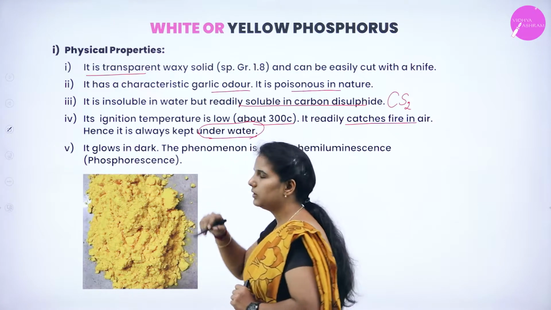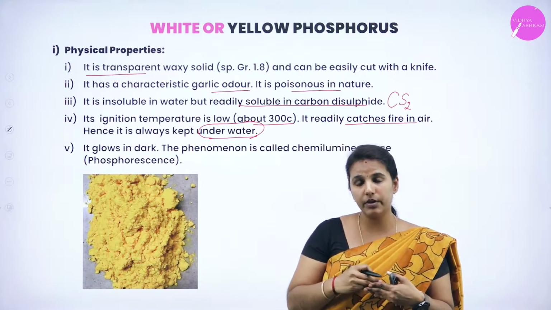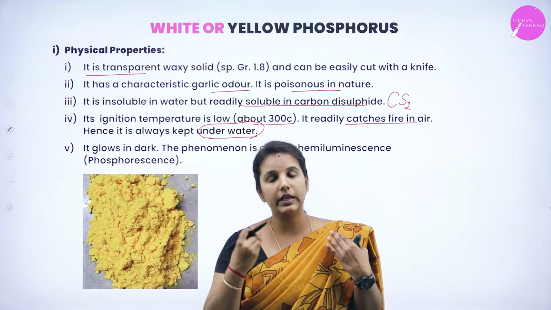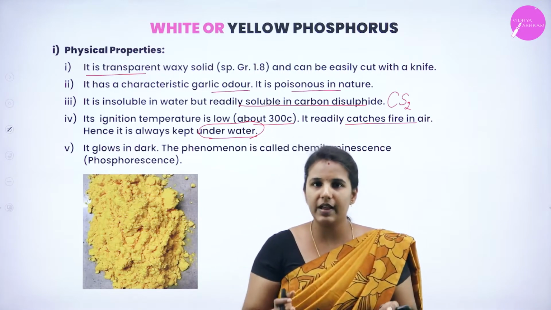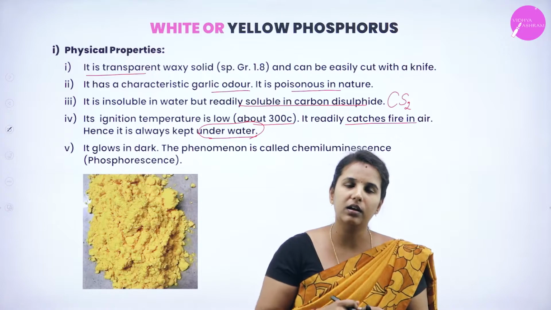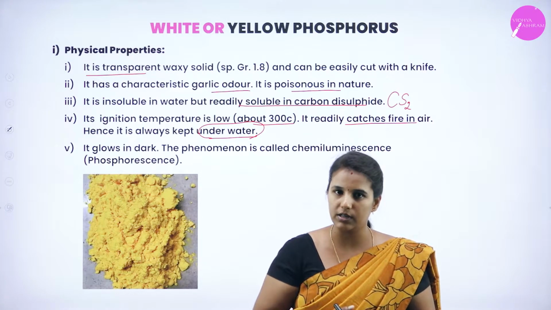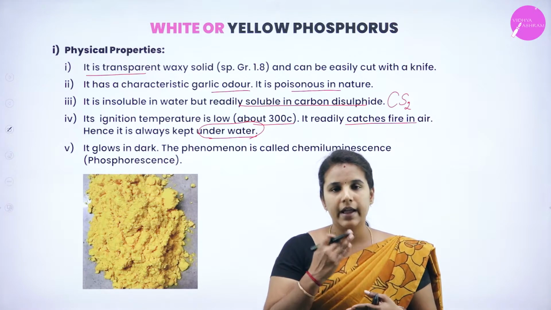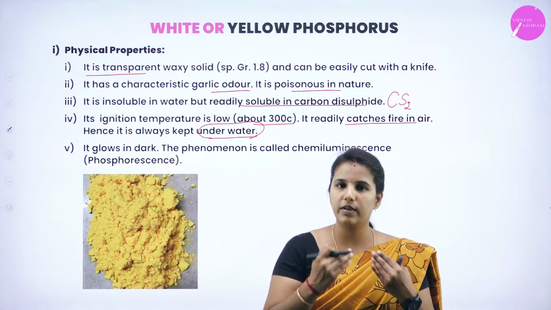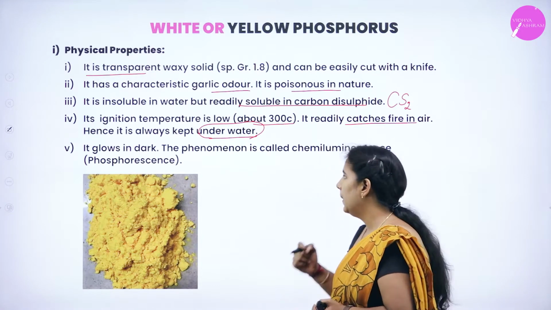Why is it kept under water? Because its ignition temperature is very low. When it is kept outside, it can easily catch fire and cause a lot of damage. That is why the yellow or white phosphorus is always kept under water.